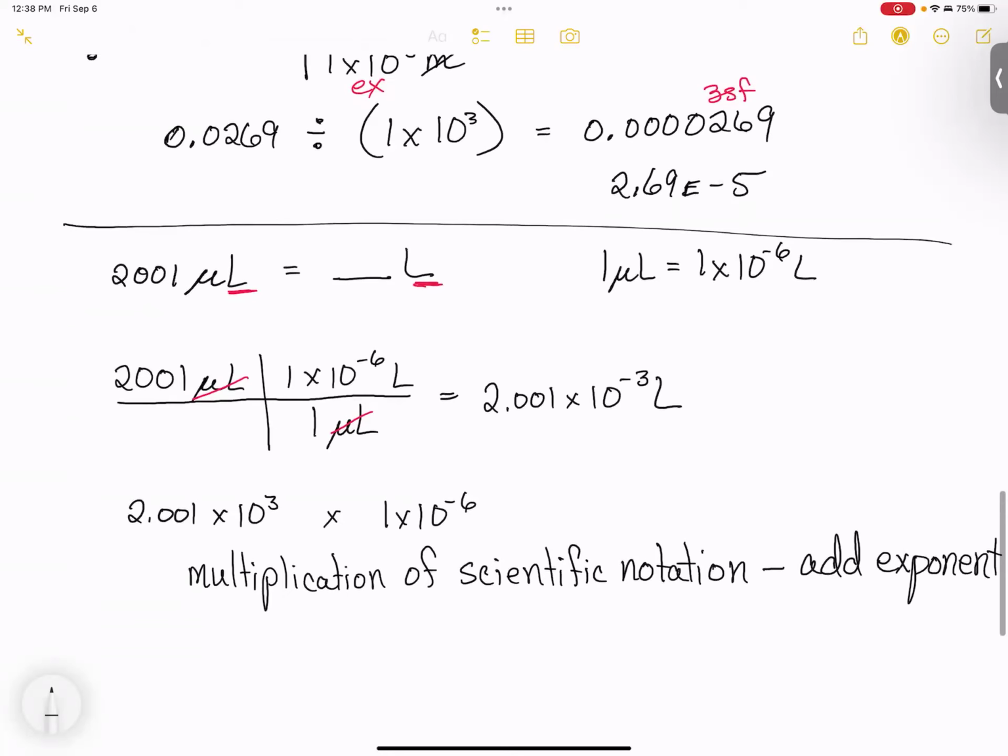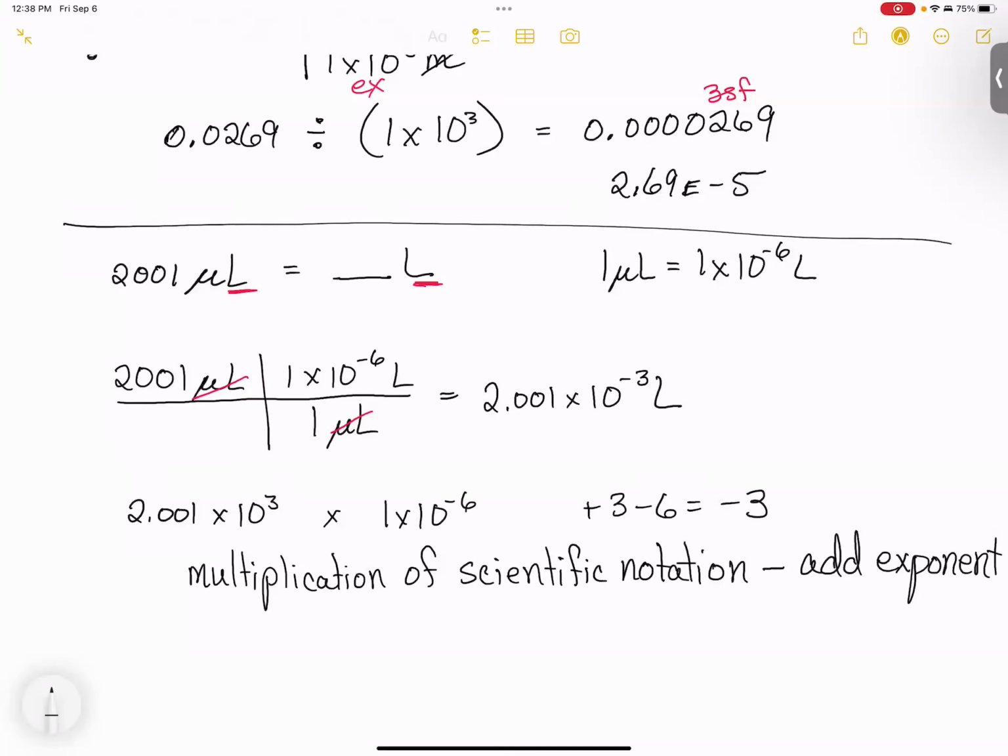So in this case, plus 3 minus 6, that's why it's a minus 3. But the reason it did is because it was 2001 instead of 2.001 to begin with.